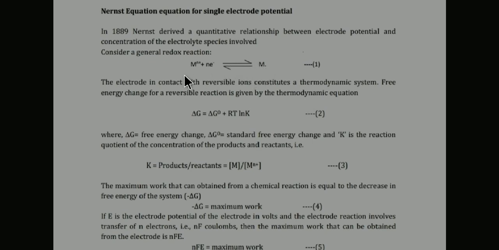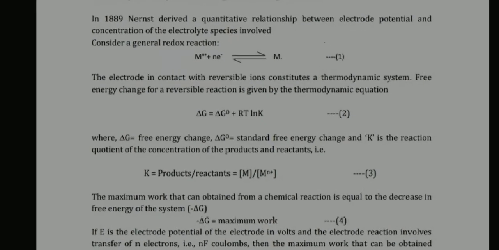So from left to right, it is a reduction reaction because it is gaining electrons, and from right to left, the pure metal is going to lose some electrons to become a metal ion, so that is an oxidation reaction. I'll call this equation 1.